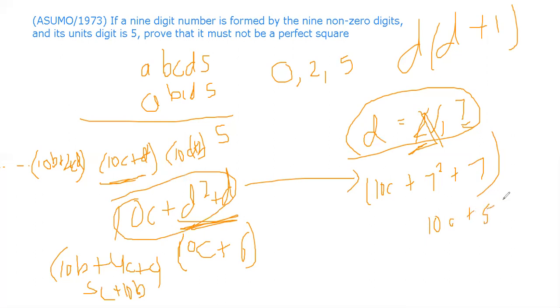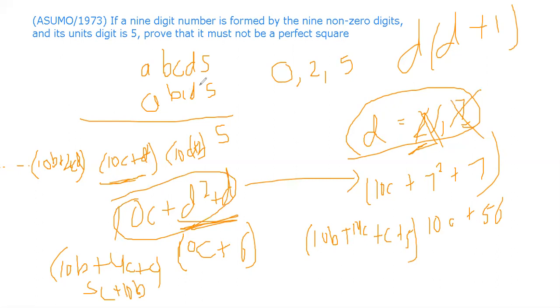So clearly from this, c plus 5 would be carried forward. Since we assume d to be 7, this would become 14c, and with c plus 5 carried here, this becomes 15c plus 5 plus 10b. This is again a multiple of 5. This must end in 0 or 5, both of which are not allowed. So d can't be 7.